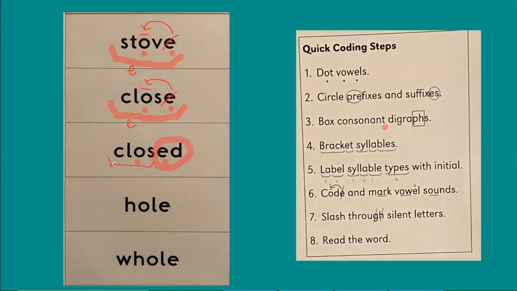So we have closed. We've noticed that there is a magic E pattern in here. The O, S, E. So we would need to put our E at the bottom, put a line over top, and since this E has already been labeled inside of the suffix, we would just put an arrow over to the O, just like that.